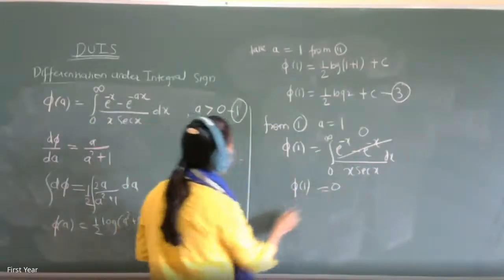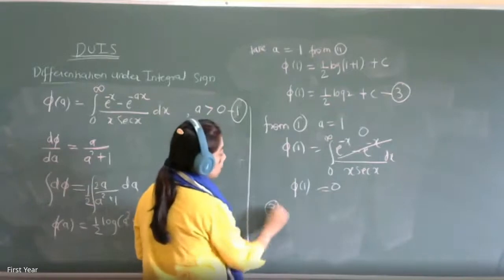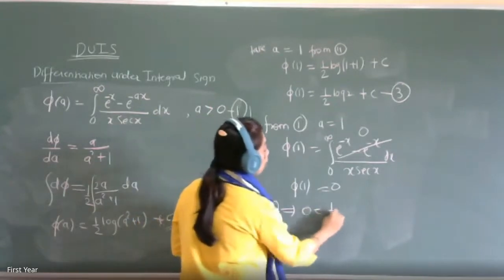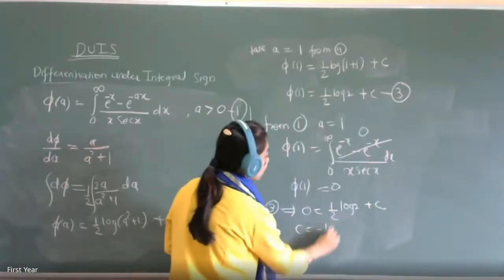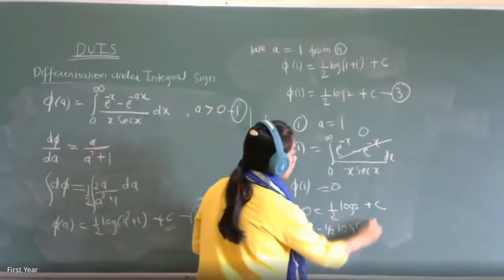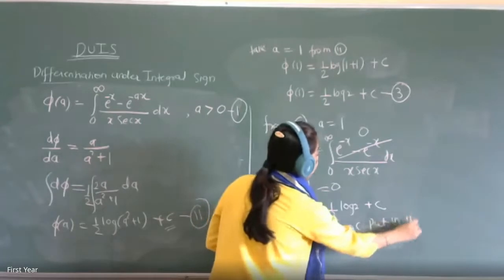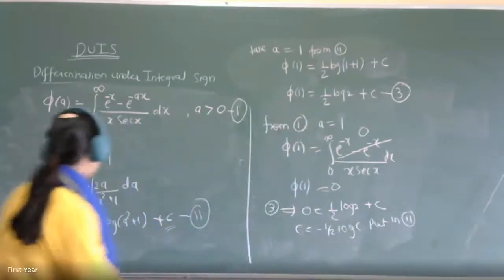Okay. So phi of 1 is 0 and therefore equation 3 gives you 0 is equal to half log 2 plus c, so c is equal to minus half log 2. Put this into equation 2.